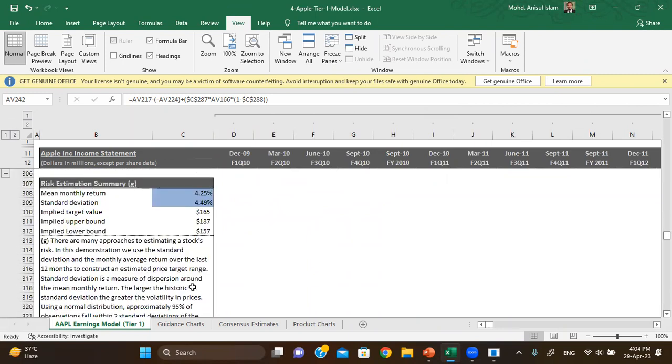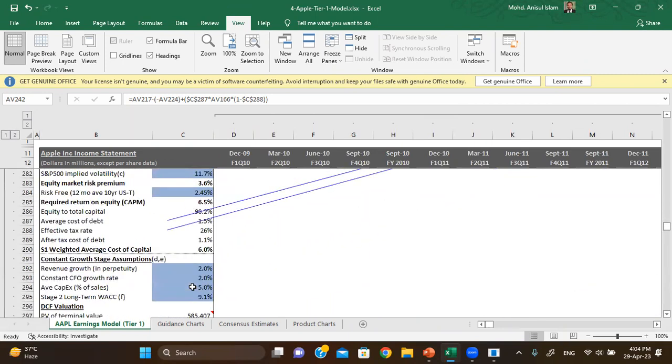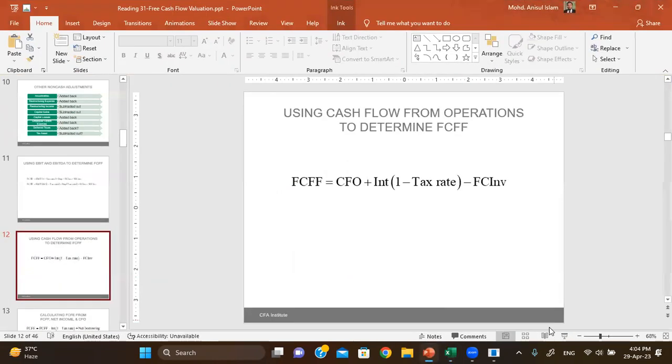You see from here, average cost of debt is this one, 287, and 288 is effective tax rate. So I hope you have got it. You'll not get confused when you see the calculation in your template that the free cash flow to the firm has been calculated in this way.